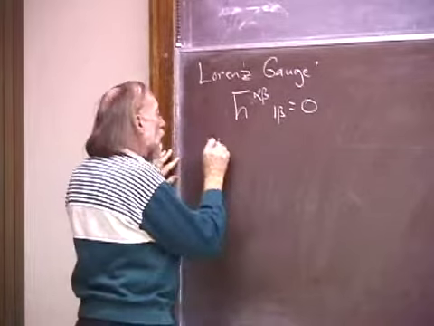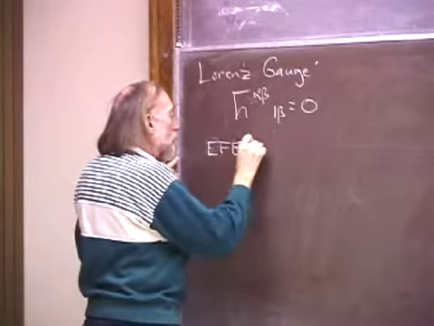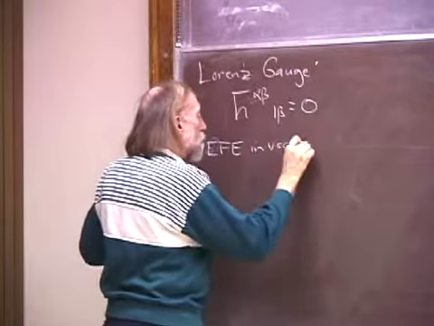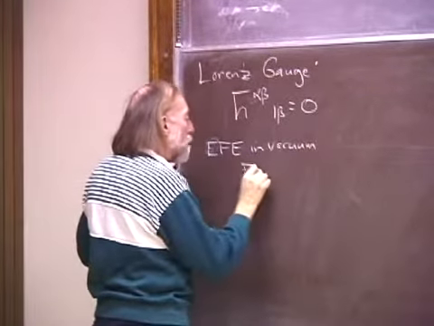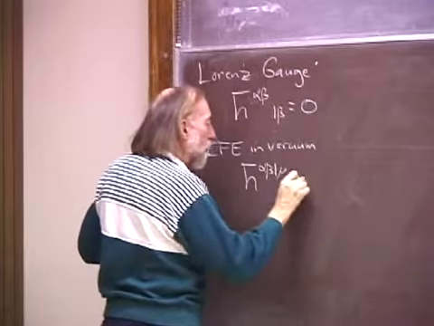And to the Einstein field equations, which in this case, in vacuum, just reduce to the wave equation, h bar alpha beta slash mu equals 0.